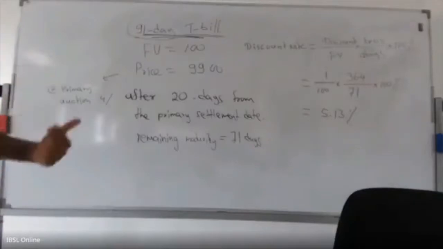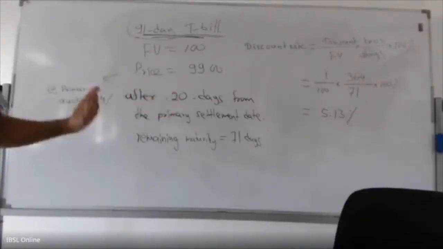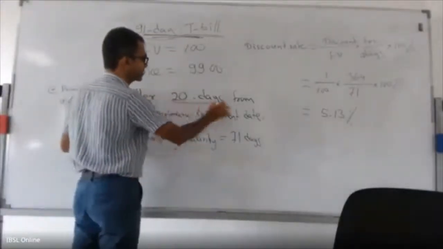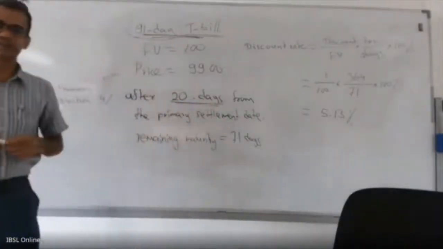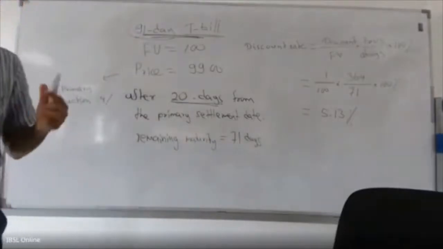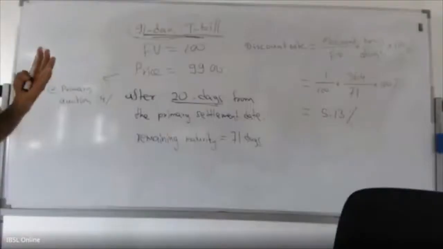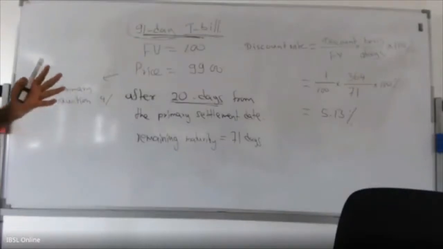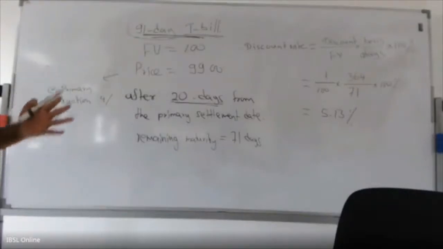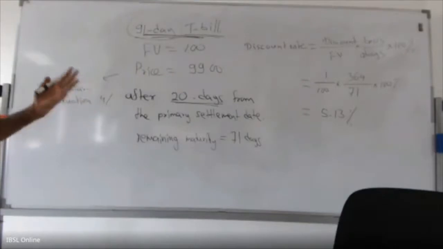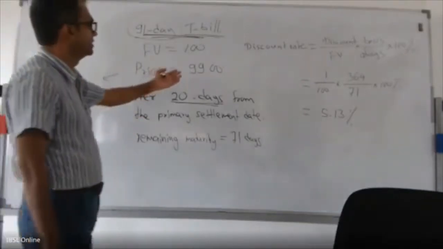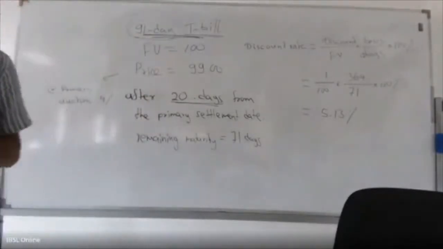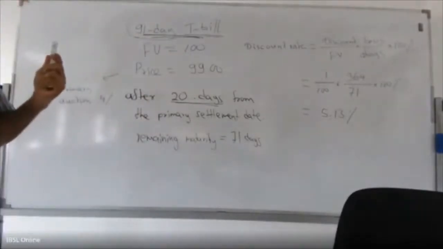His holding period is 20 days. The initial investor's holding period is 20 days. He has held it for 20 days, but still he doesn't get anything more than his investment. He gets only 99 rupees. Why? Can it be possible?